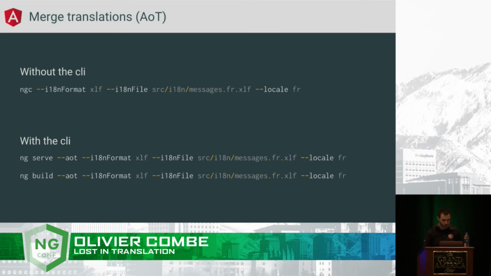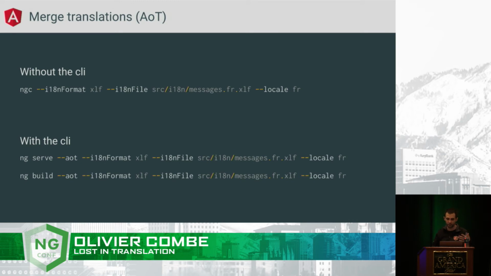And if you want to merge your translation without the CLI, you will pass arguments to the ngc so that it can load those translations inside of your application when it builds, and it will replace those elements inside of your built files. That means that you have to build your application for each language, and you will have to serve each of those depending on, for example, the accept language from the browser or the navigator language.